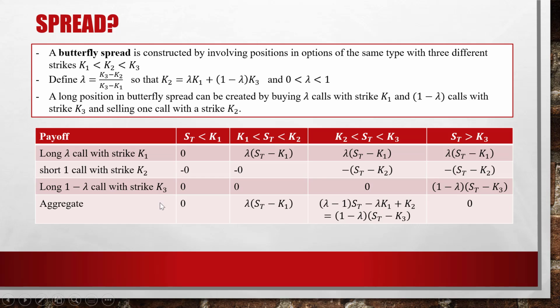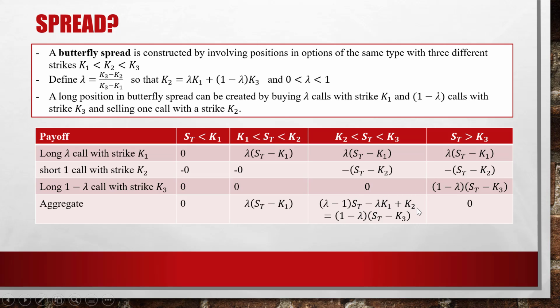Now we aggregate by adding column by column in order to find the payoff. For the first case, when the stock price is less than K1, the payoff should be 0. For the second case, when the stock price is between K1 and K2, we got the payoff lambda times (St minus K1). When the stock price is between K2 and K3, we got (lambda minus 1) St minus lambda K1 plus K2.